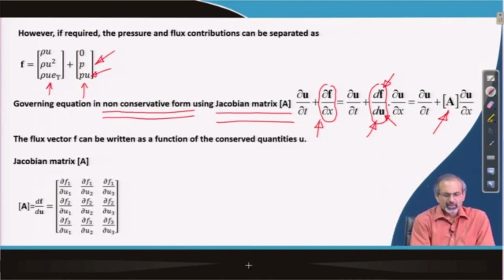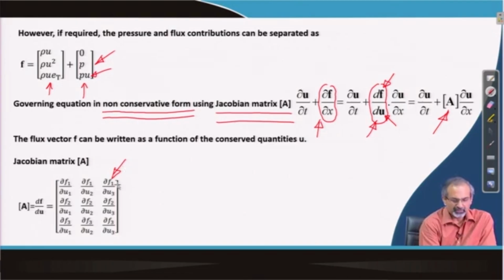So, when we look at the Jacobian matrix, we see different components of this kind. Remember that you are taking a derivative of f with respect to u. If you look at the first row of the matrix, you find that the first component of the f vector figures here.